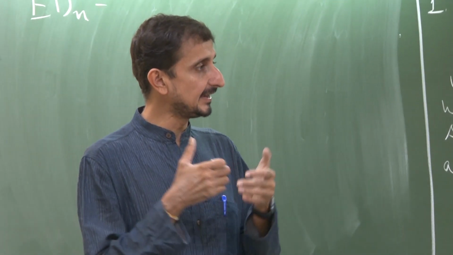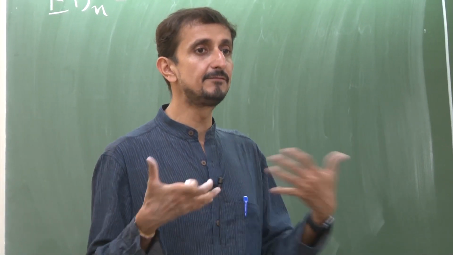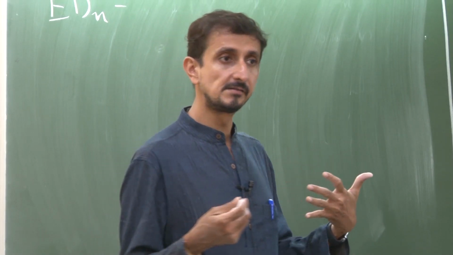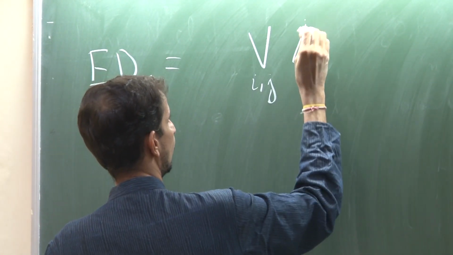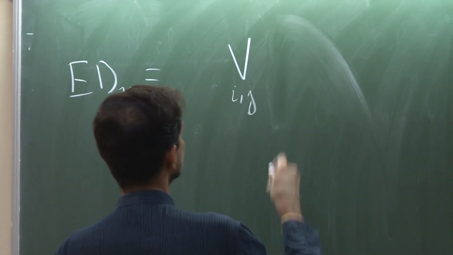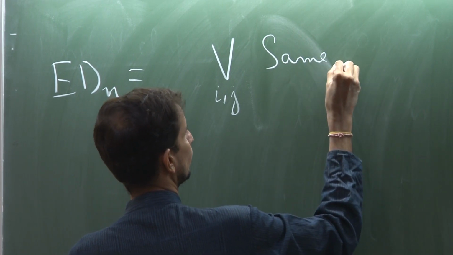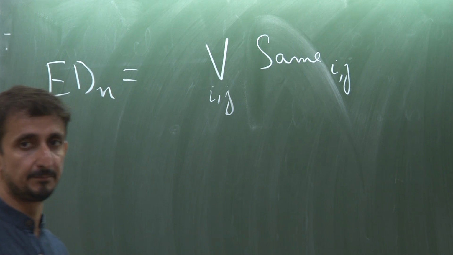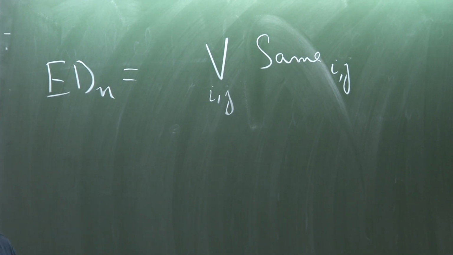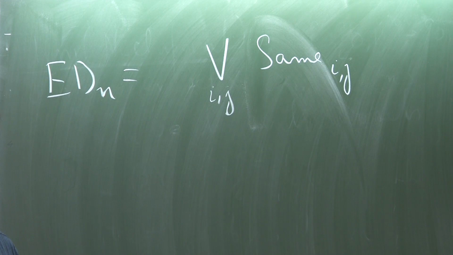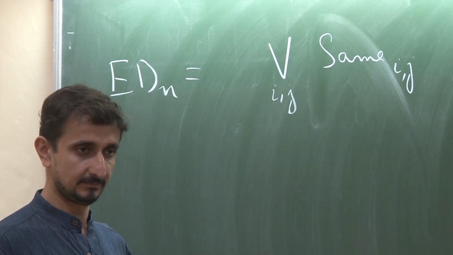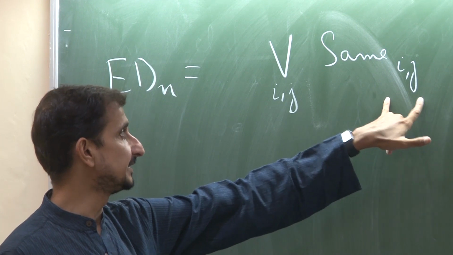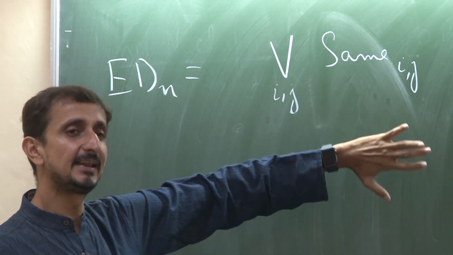What happens if I take a disjunction of all the same i j's for every pair i j? It means there exist two blocks which are equal.